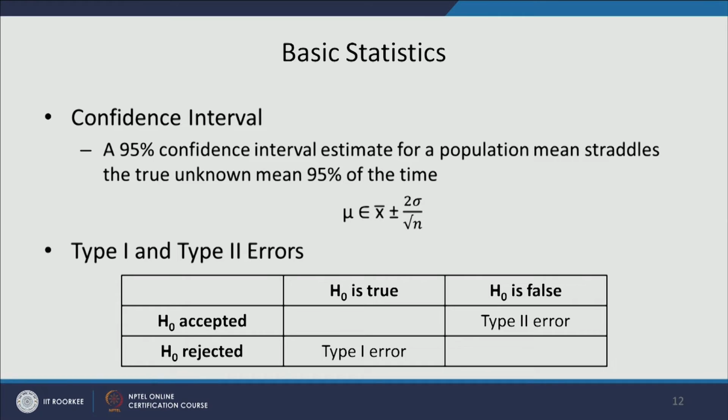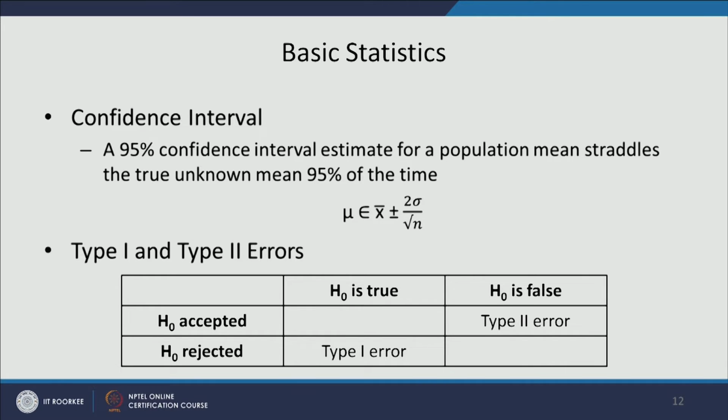For example, a 95% confidence interval estimate for a population mean straddles the true unknown mean 95% of the time. What we mean is that if we compute an interval estimate based on the 95% confidence level, then 95% of the time the population mean is going to lie in that range.